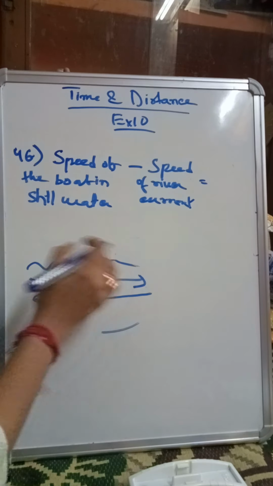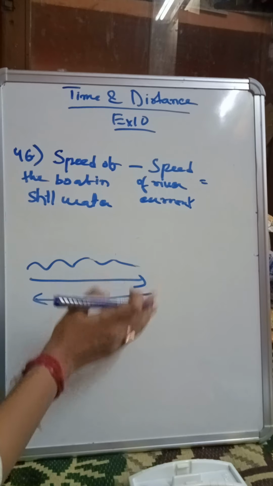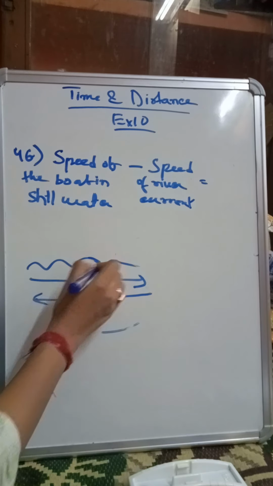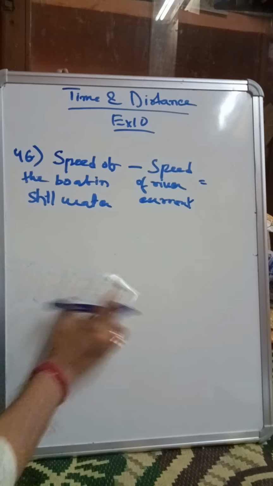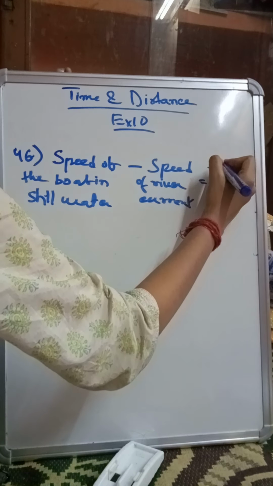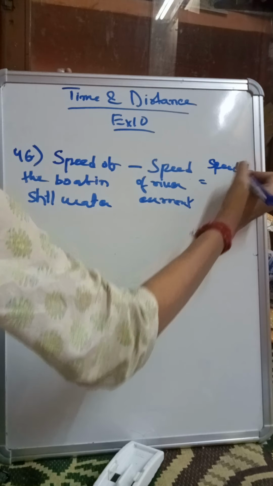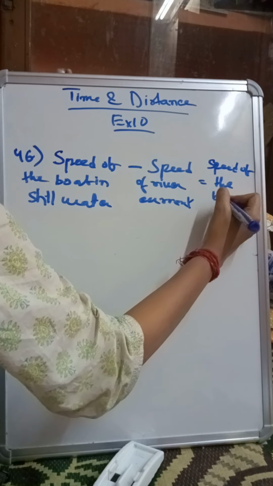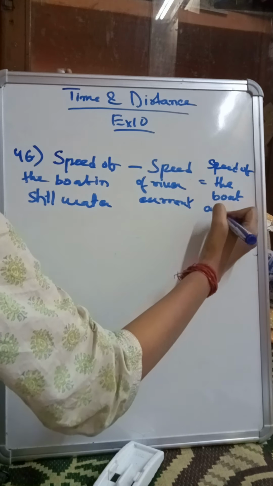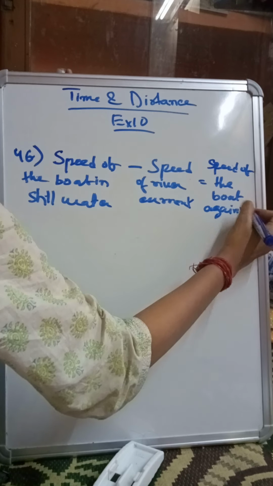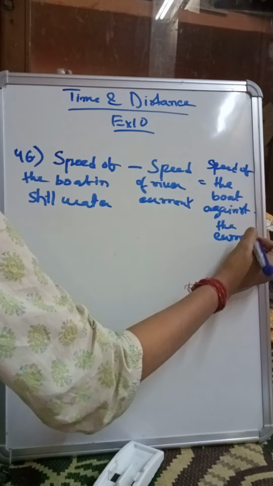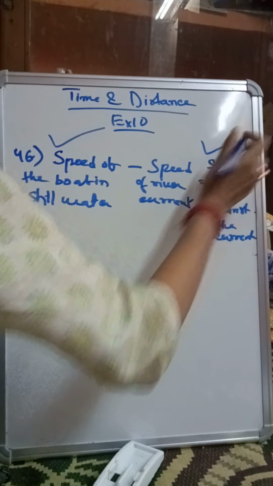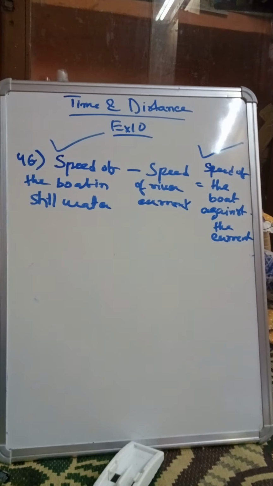So the boat is facing an obstruction from the river current as the river is flowing in this direction. So this will be the speed of the boat against the current. We know this, so we can easily calculate it.